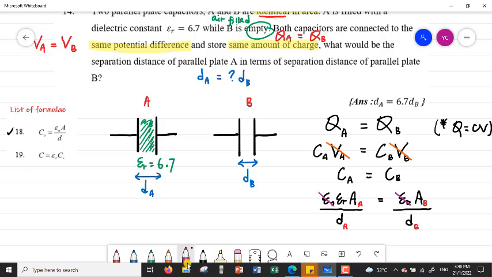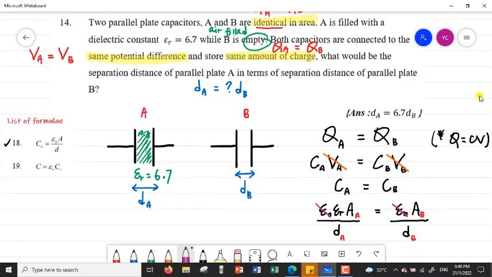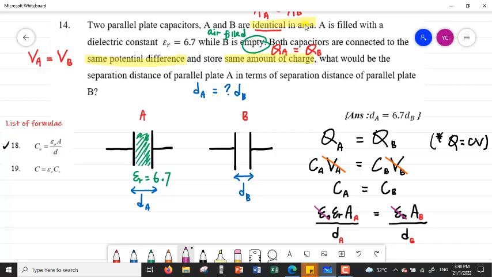Then the question tells us that these two capacitors have identical area, so the area can be cancelled out because the area is the same.